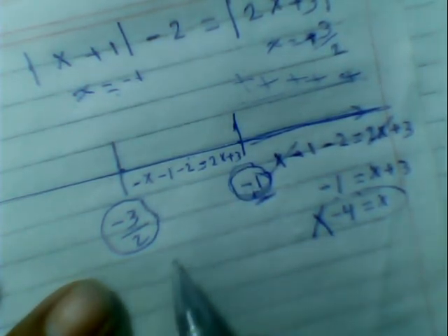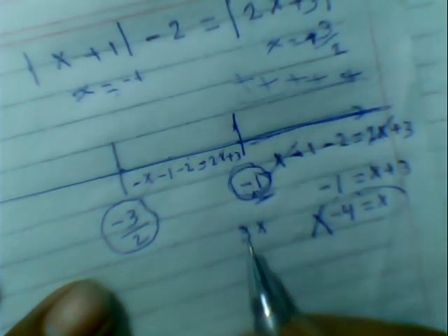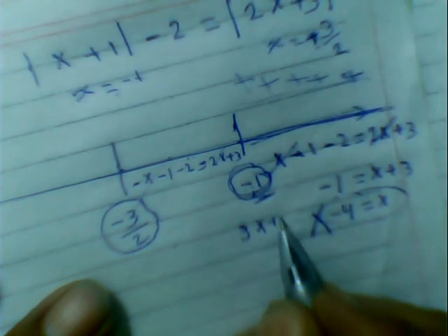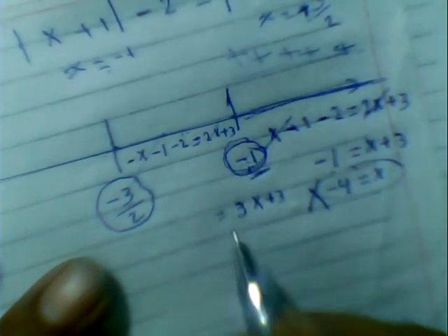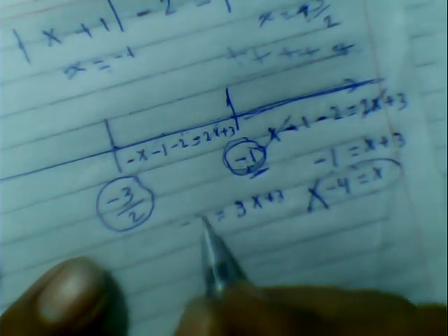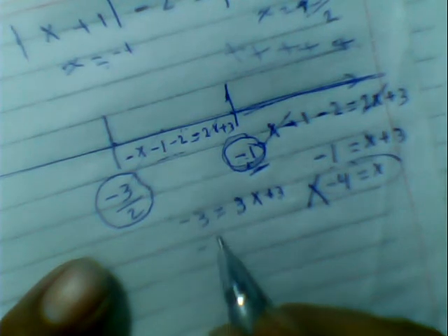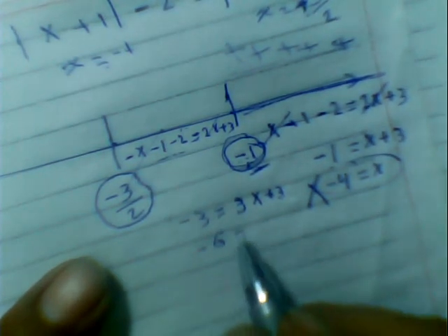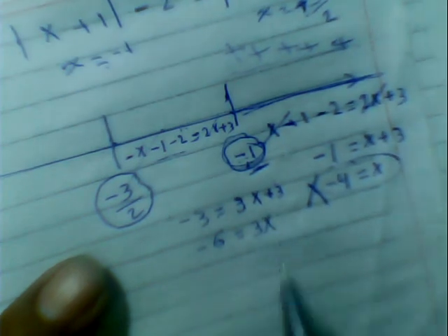Then this coming here, 3x plus 3 equal minus 3, then minus 6 equal 3x.